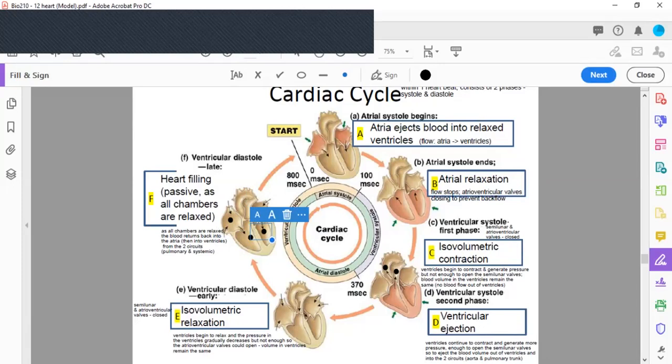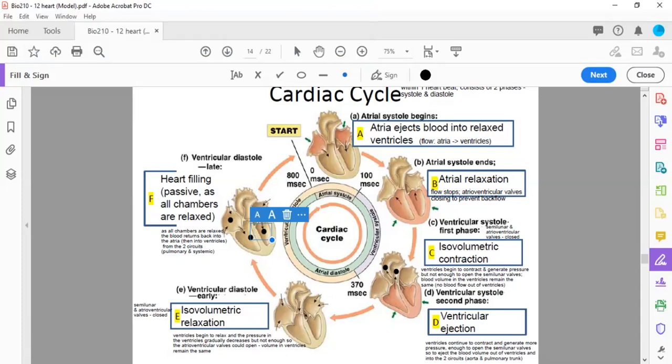So once again, in ventricular diastole, the heart muscles become relaxed, which means the pressure within the heart decreases, which promotes the blood returning from the circuits back into the atria and then into the ventricles. So the blood goes back into the atria first, and from the atria, the blood goes into the ventricles.